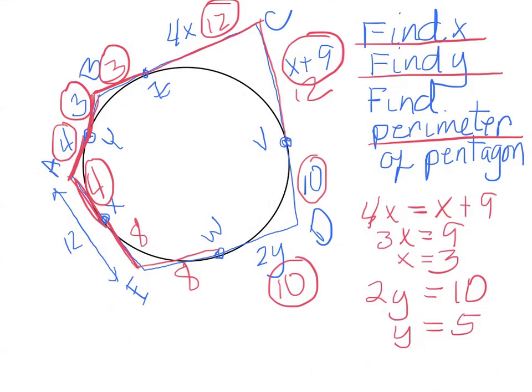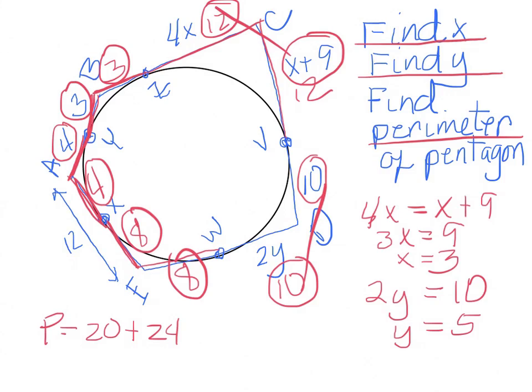And now I think I have everything, and all I have to do is add those up. So the perimeter is equal to 20 plus 24. Notice I'm doubling these. Plus 6 plus 8 plus 16. And once I add that together, 44, 58, 64, the perimeter will be 74 units.